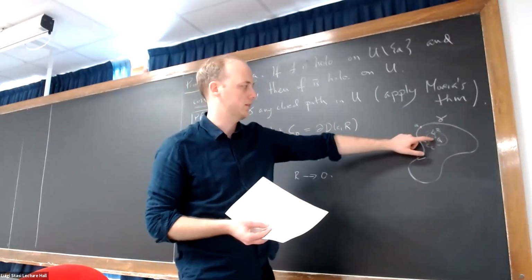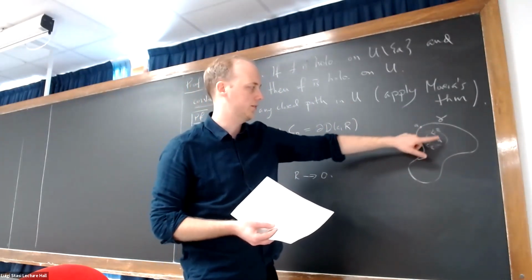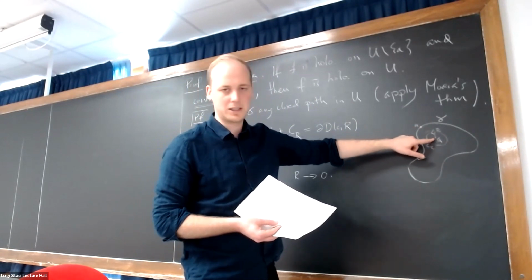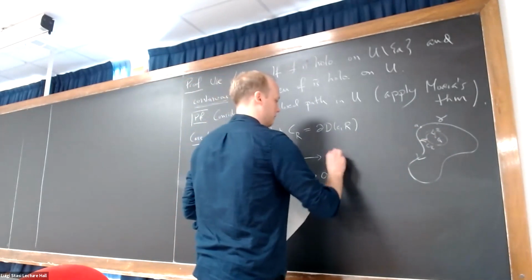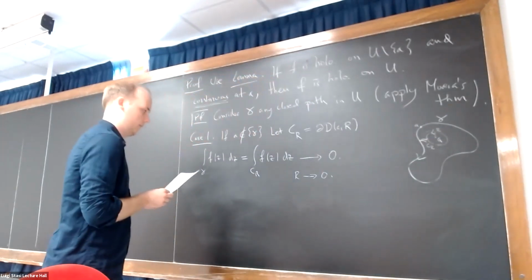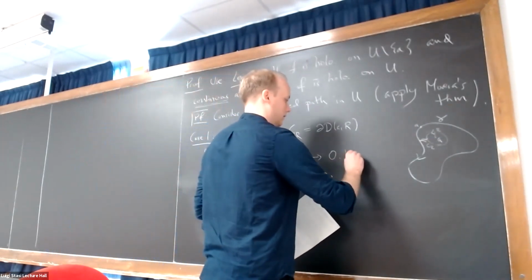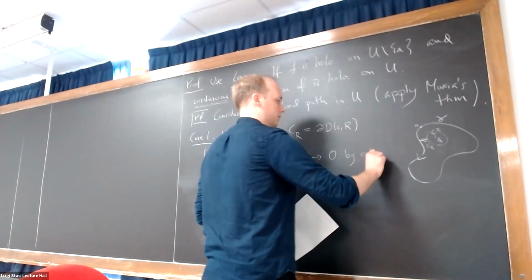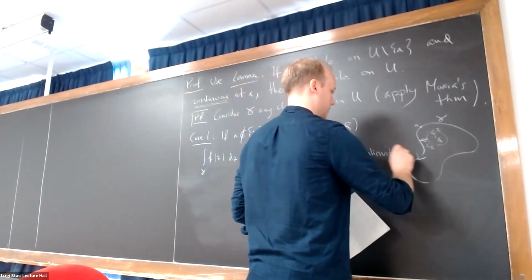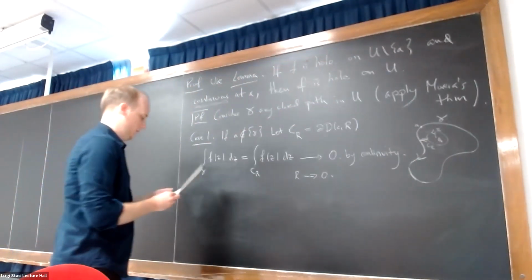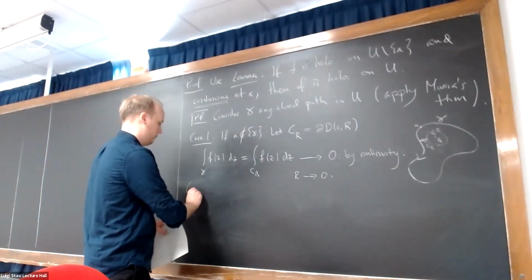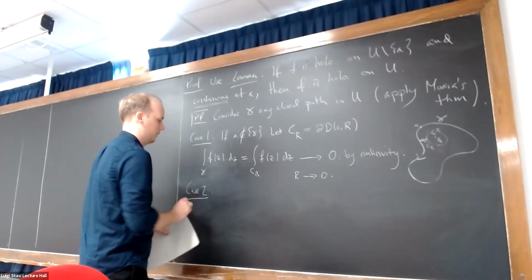But thanks to the fact that the function is continuous, when I shrink the disk, the integral will actually go to 0. So this one goes to 0, and this is by continuity. Okay, so this was the easier case, I guess.